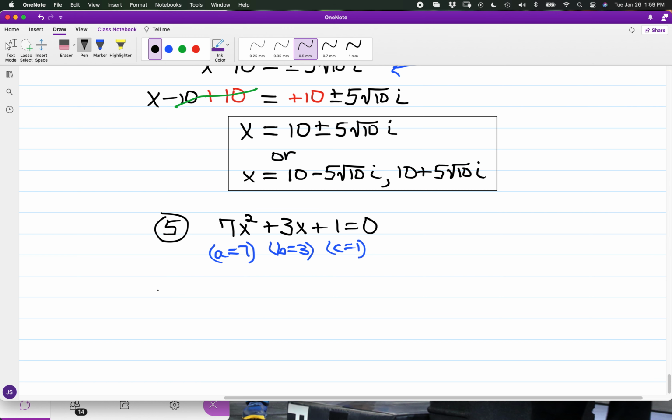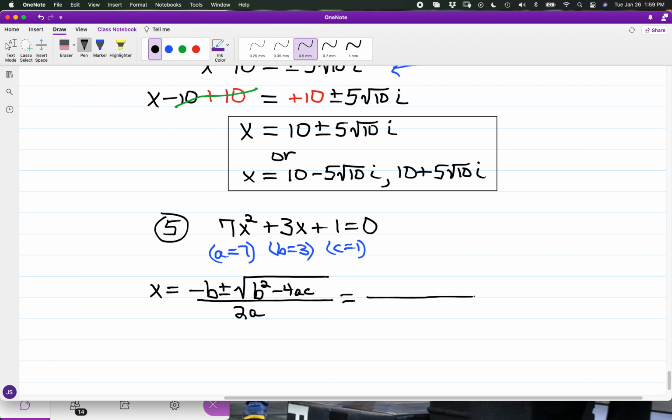And if we look at the use of the quadratic formula, for negative b, this will be minus 3.